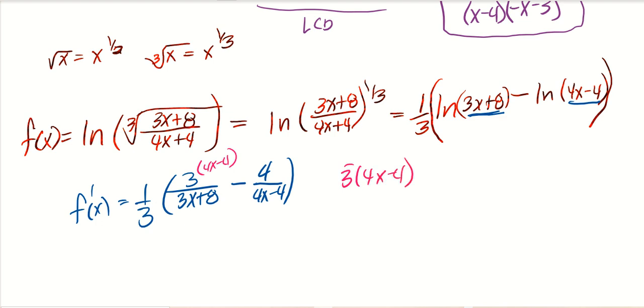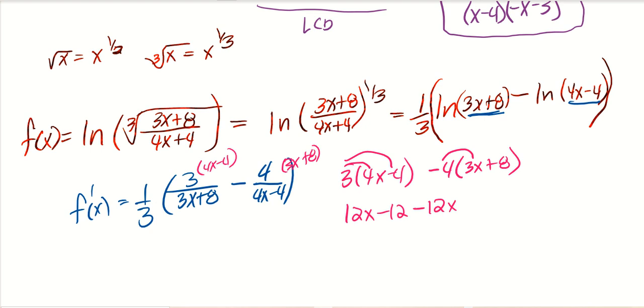And then this is minus 4 times, you want to multiply this one by the 3x + 8. So that's negative 4 times (3x + 8). We distribute, and so this will give us a 12x + 12. And then this will give us a negative 12x, minus 4 times 8 is 32, so a negative 32. Then we can combine our like terms.